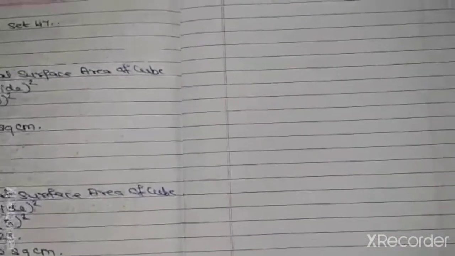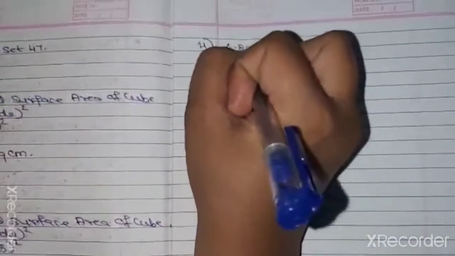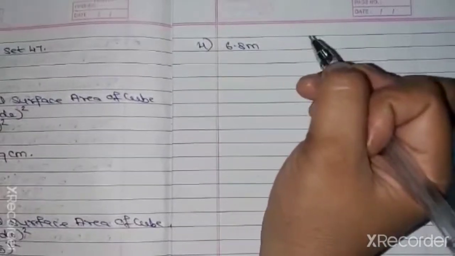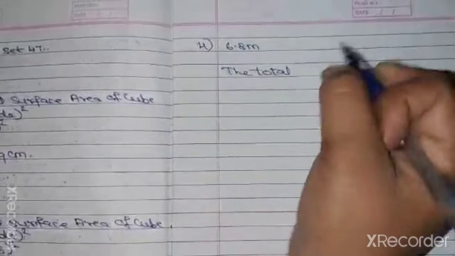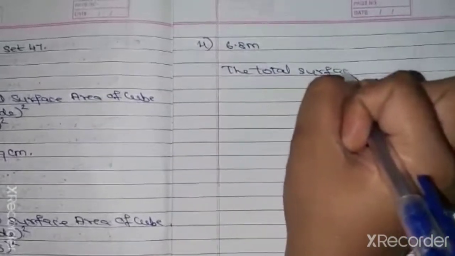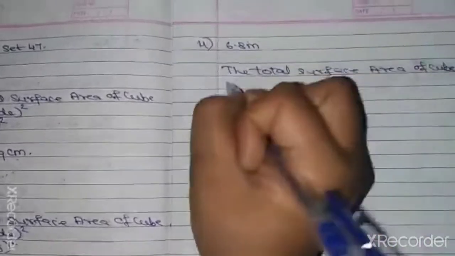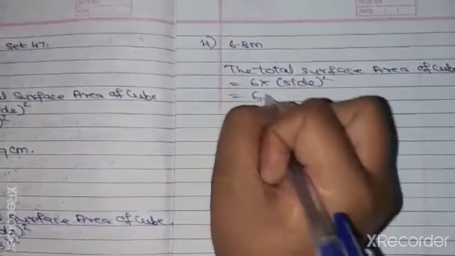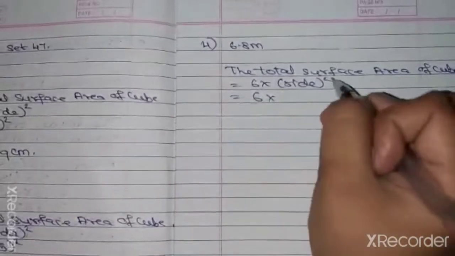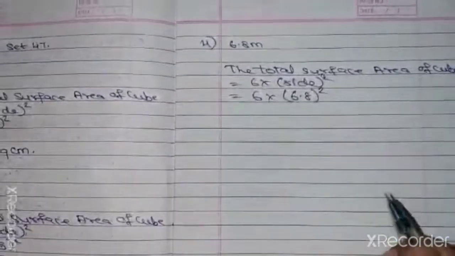Next. Fourth sum. 6.8 meter. Right. The total surface area of a cube equals 6 multiplied by side square. Side is how much? 6.8. 6.8 multiplied by 6.8.